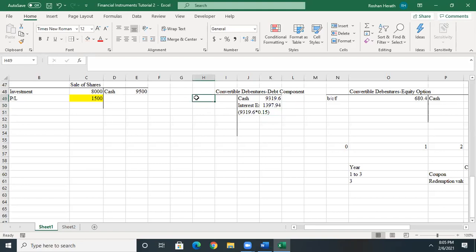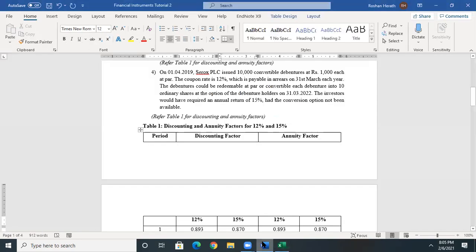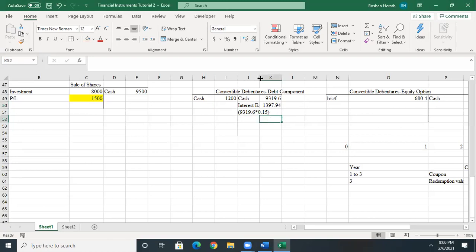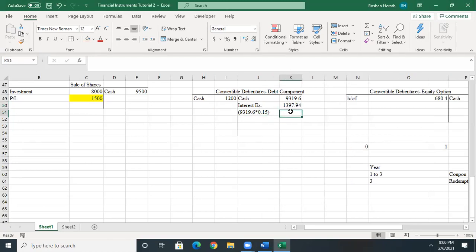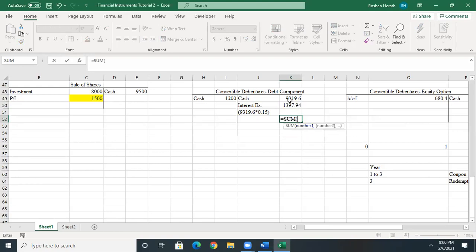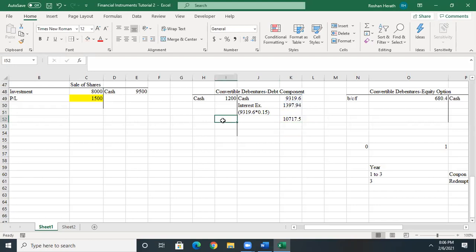And then you get the cash, the coupon, and how much it's going to be. That was 10,000 into 12%, 1,200. So accordingly, if you take the balance carried forward, that is the value at which you need to show the statement of profit or loss, statement of financial position.